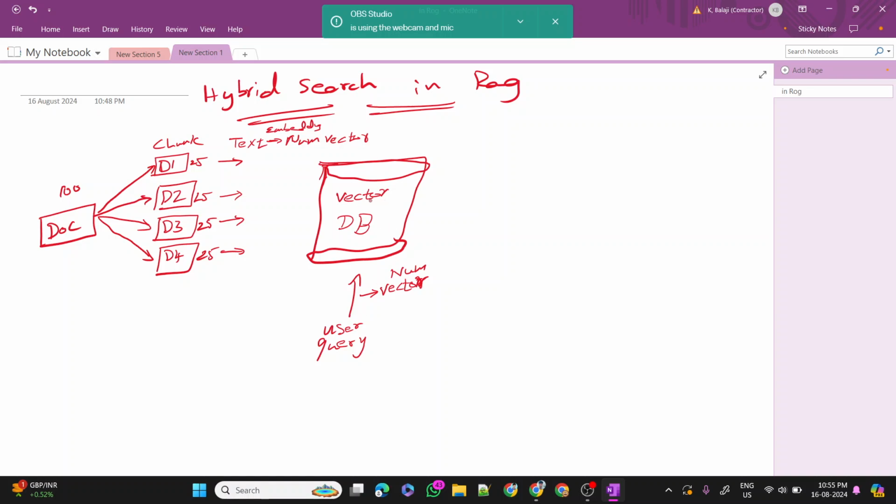So we find the data relevant to the user query, and we give that similar data to an LLM.